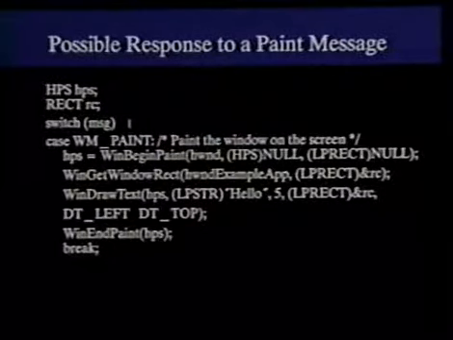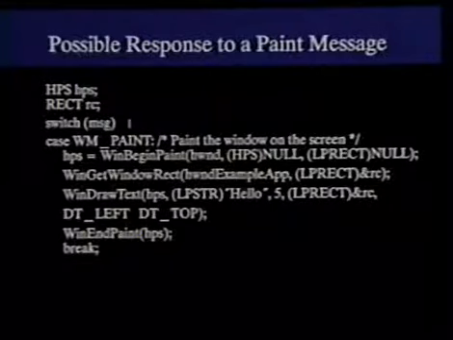One of the ways I can do that is to first find the size and shape of the rectangle that is the client window. I can do that with a call to WinQueryWindowRect, and it'll return a rectangle which will have the description of the coordinates of the rectangle. Actually, the upper left corner and the bottom right corner will be in that structure. Then using that, I can find the upper left and the upper top, and I'm going to draw some text at that point.